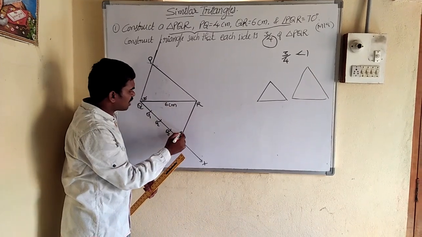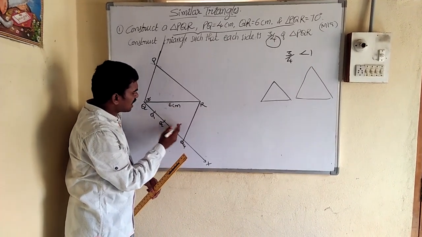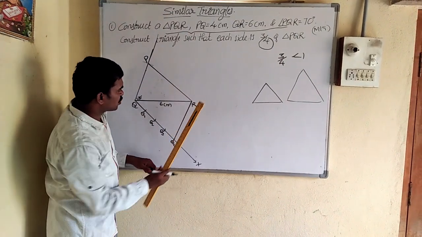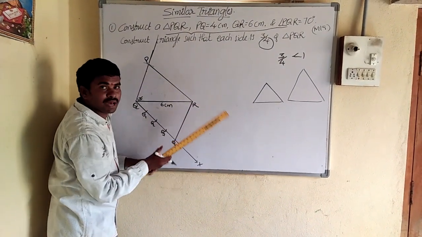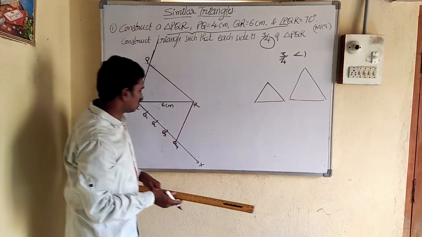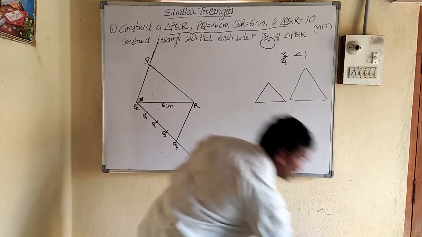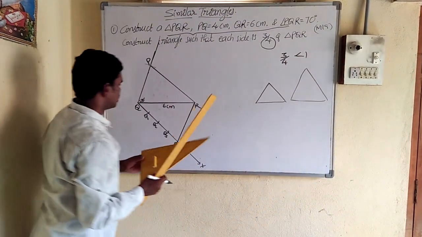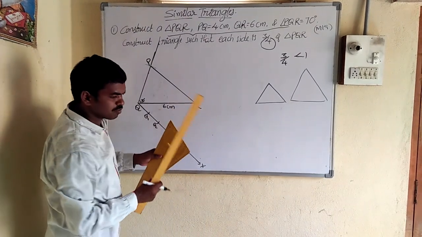To intersect, we have to draw a line parallel to Q4R from Q3. How can we make it? Just simply, in two ways we can draw. With the compass also we can draw.